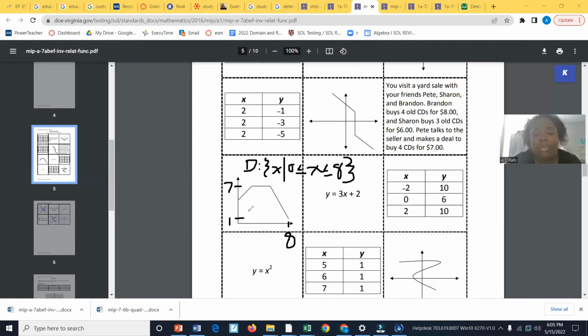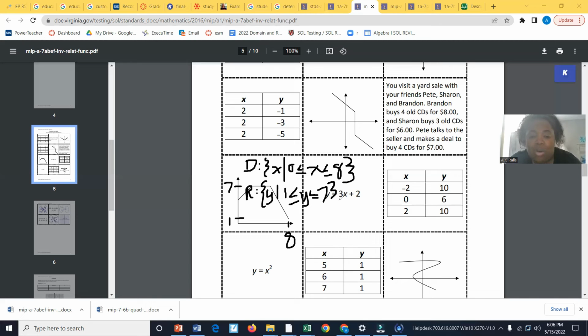And you would do the same thing for y. The lowest y would be 1. And so you would say the range is the set of all y such that y is between 1 less than or equal to y less than or equal to 7.